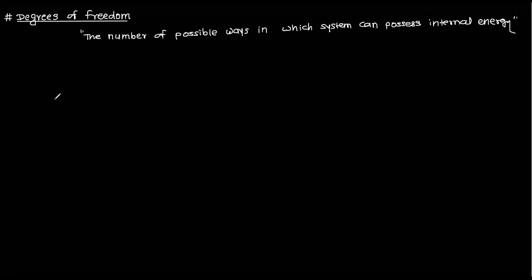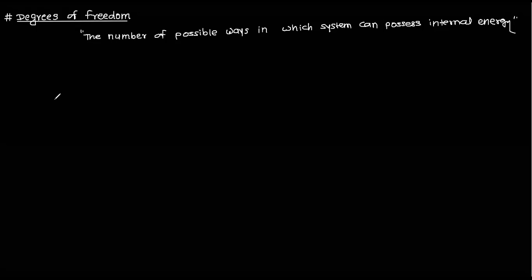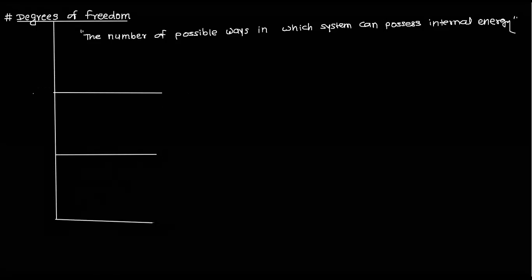Now, how many degrees of freedom are there? The first one is translational, then rotational degrees of freedom, and vibrational degrees of freedom.